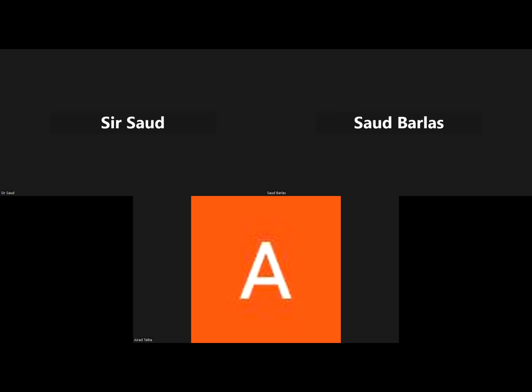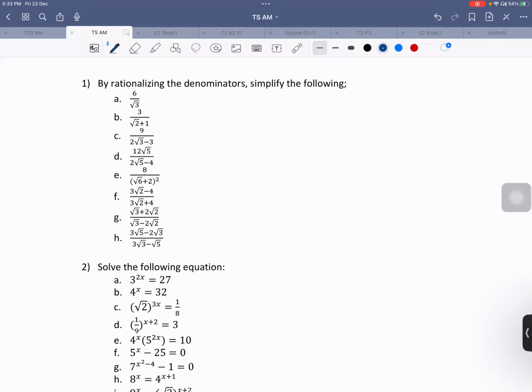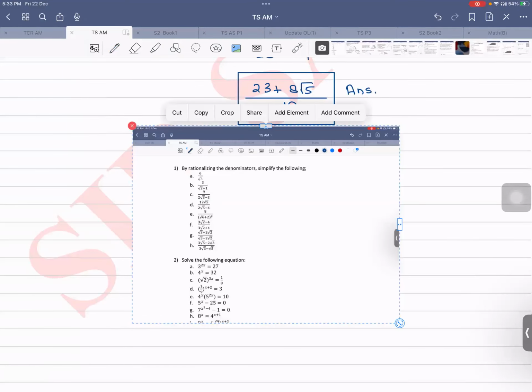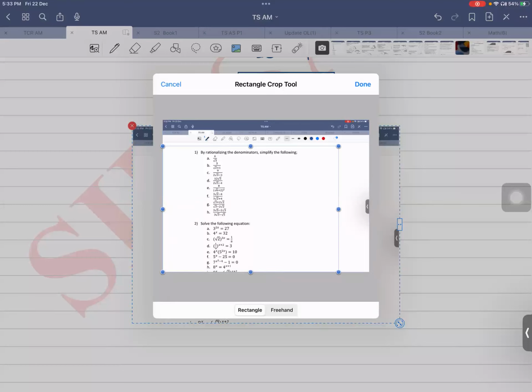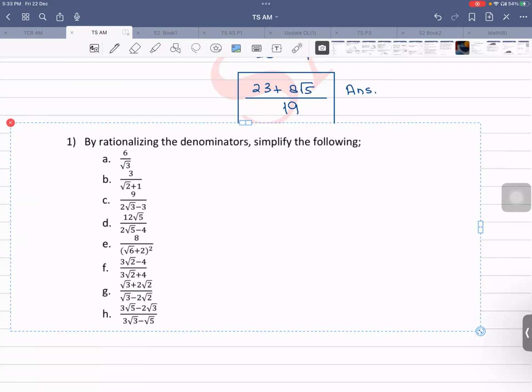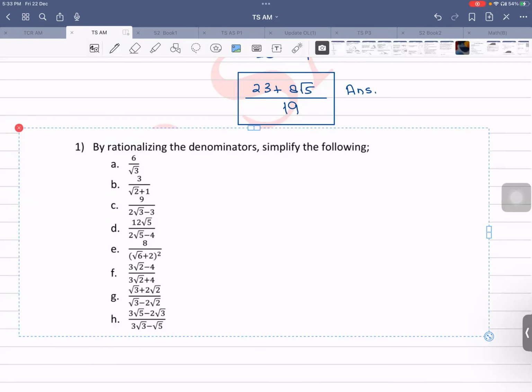Let me share the screen. Yes, Irad. How will you rationalize part A? Multiply both the numerator and denominator by square root 3. Correct. Multiply both the numerator and the denominator by square root 3.